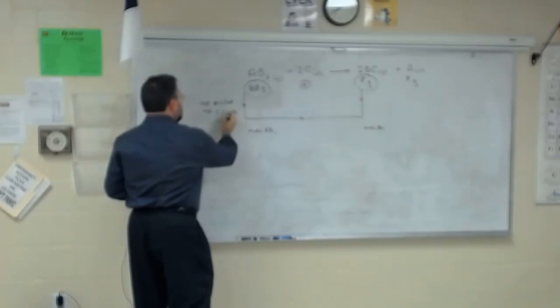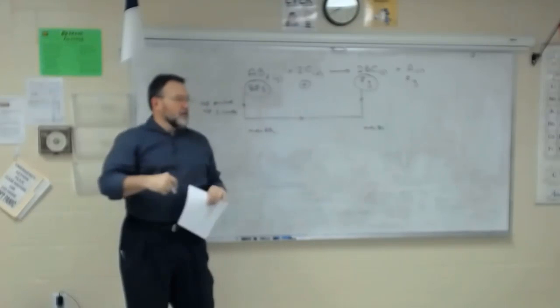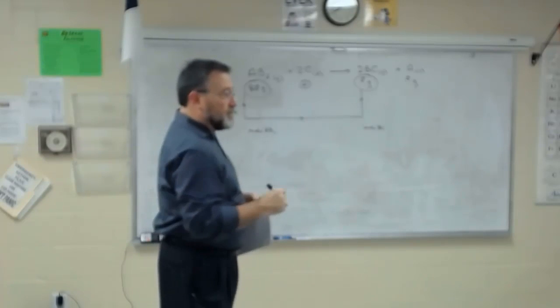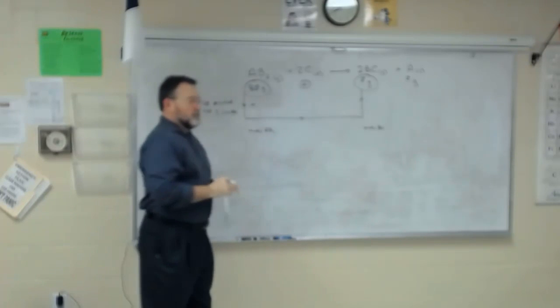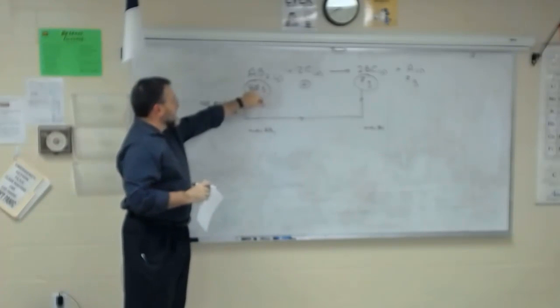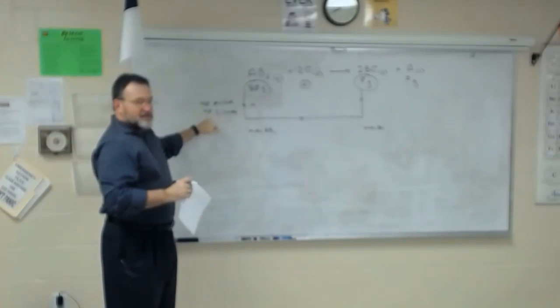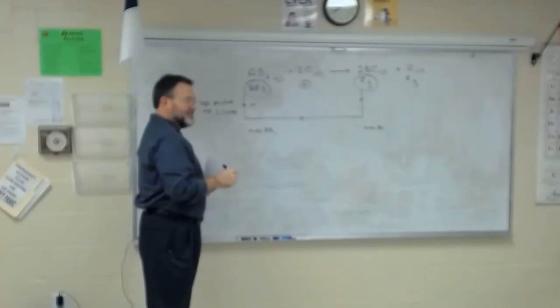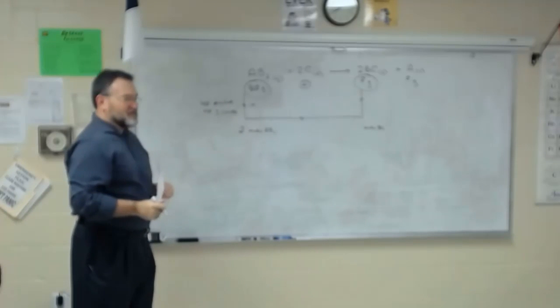And as I go from grams to moles in this direction going down, what is my operation going to be? Division. I'm going to divide. So I go from 80 divided by 40, which gives me 2 moles.